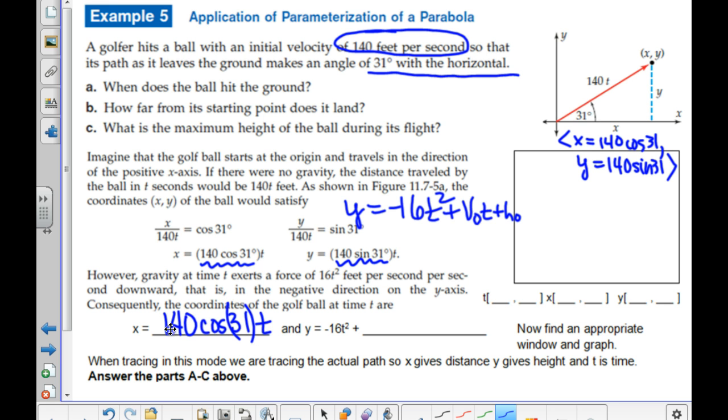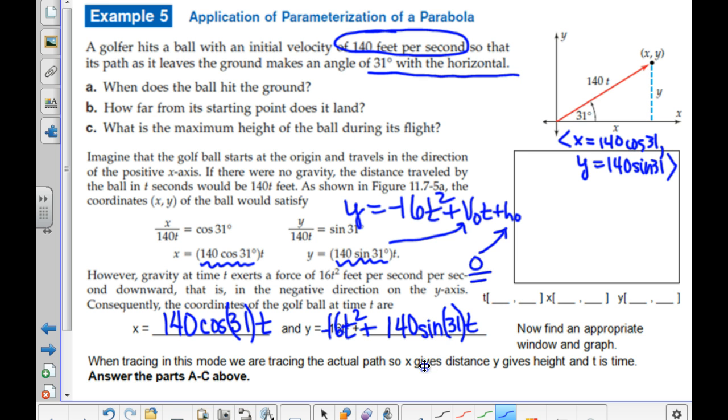I think the book usually puts 140t cosine of 31, just so you know. And back here, this y is affecting the height. So it's negative 16t squared. I'm going over that because I don't want you to forget it's there. Plus 140 sine of 31t. And this was off the ground, so there is no initial height. This is just 0 for h sub 0.